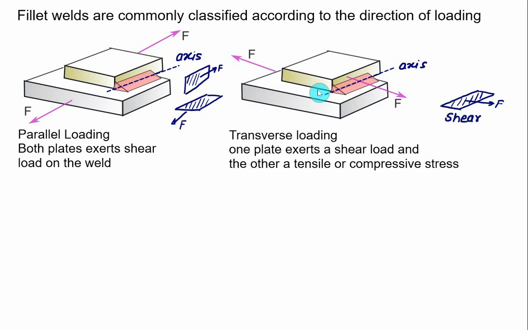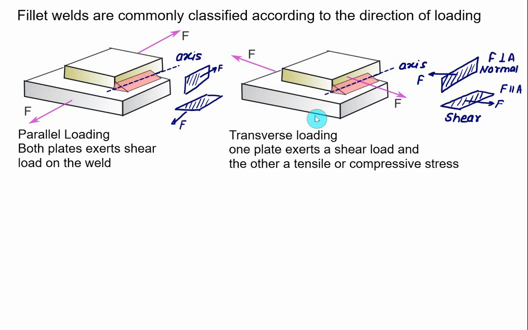But the force F acting on the top side is perpendicular to the top area, and hence we have tensile stress, or if the direction is reversed, compressive stress. So the normal stress is produced, and if the force is parallel to the area, then shear is produced. So the bottom plane exerts a shear load, while depending upon the direction of force F, a tensile or compressive stress is produced.